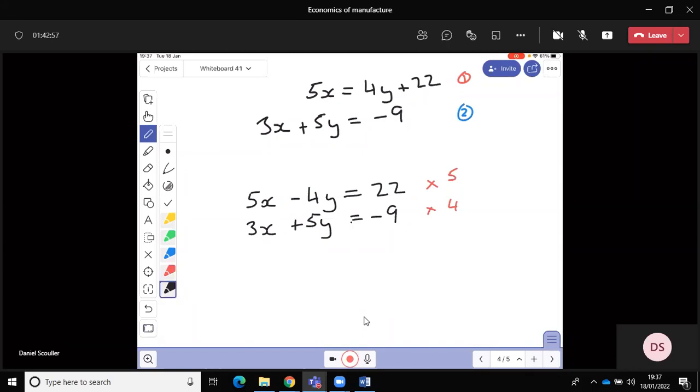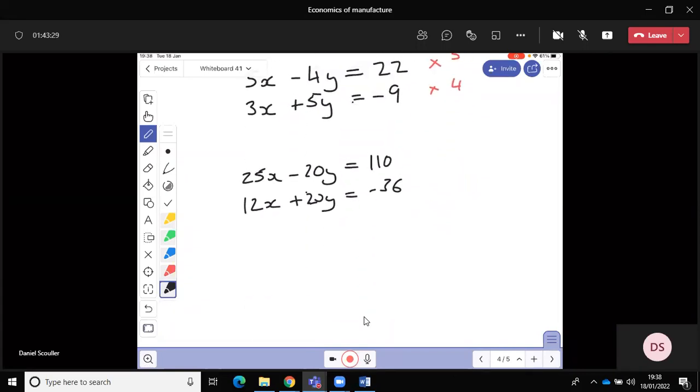Working through every single part of that equation, multiplying that by 5 gives you 25x minus 20y equals 110. The bottom one would be 12x plus 20y equals 4 times -9, which is -36.